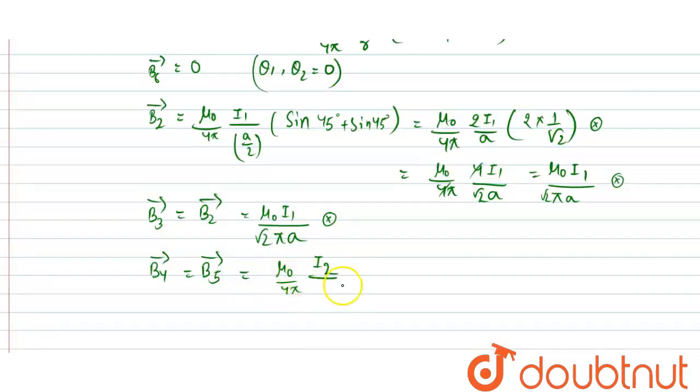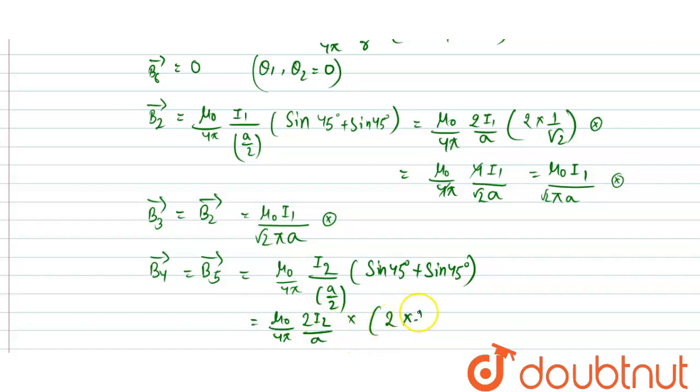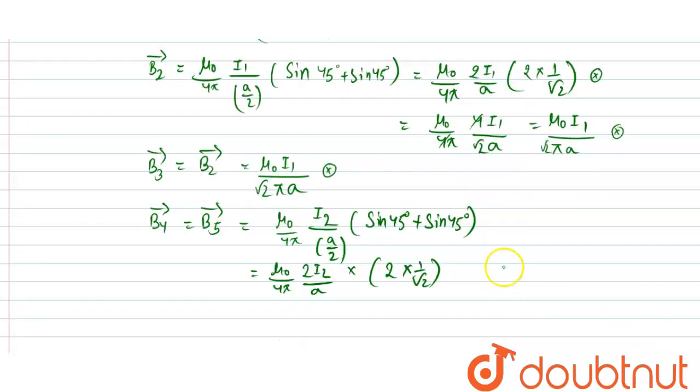So you can say that mu naught by 4 pi into I2 by A by 2 into sin 45 plus sin 45, that is equal to mu naught by 4 pi 2 I2 by A into 2 into 1 by root 2, that is equal to mu naught by 4 pi 4 I2 by root 2 A, that is equal to mu naught I2 by root 2 pi A.